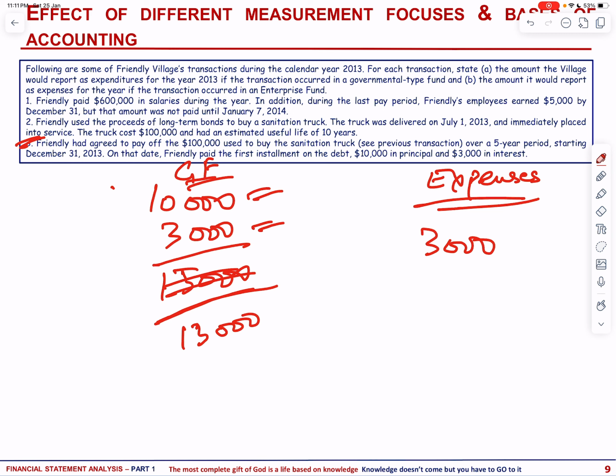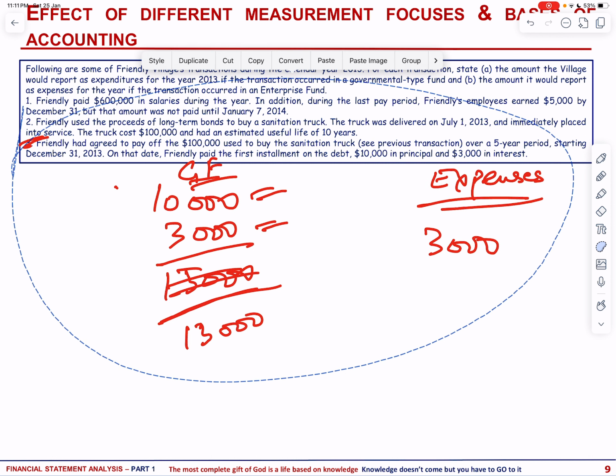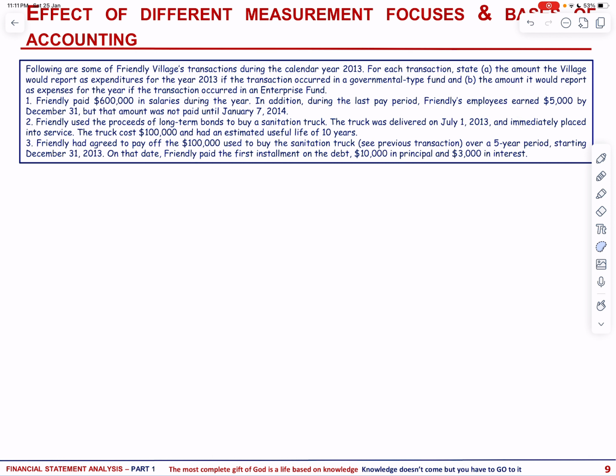So if we summarize the whole exercise, we have the general fund and we have the enterprise fund.